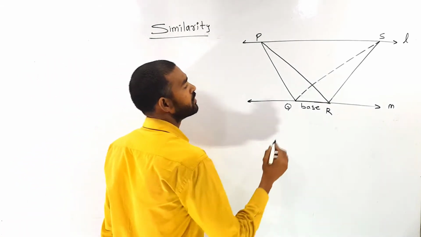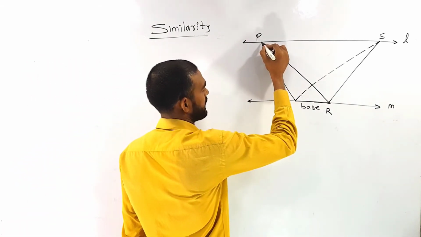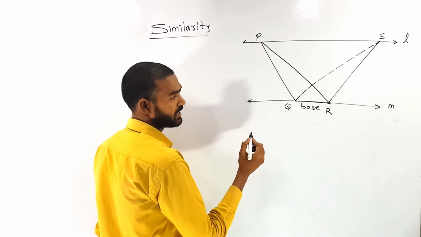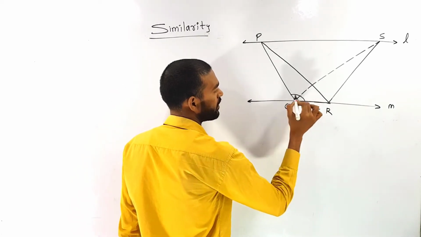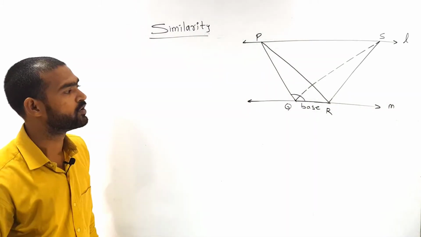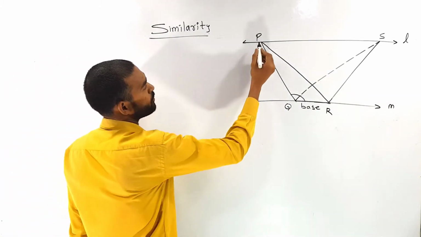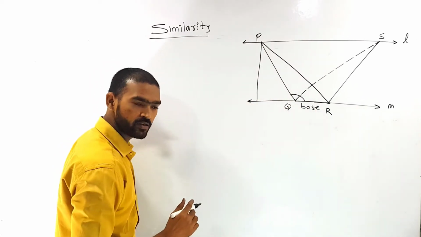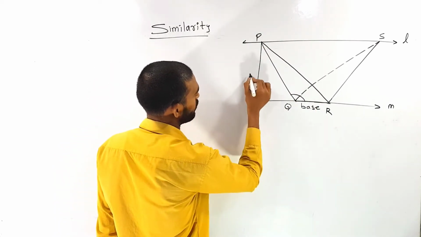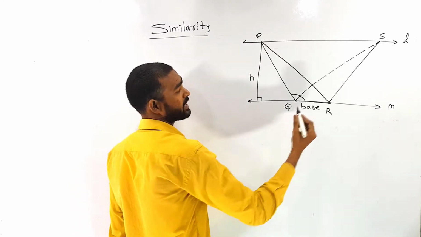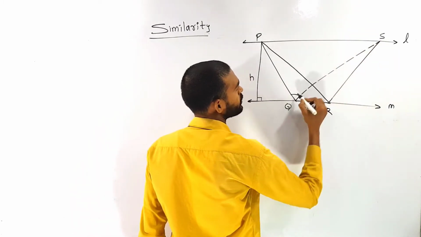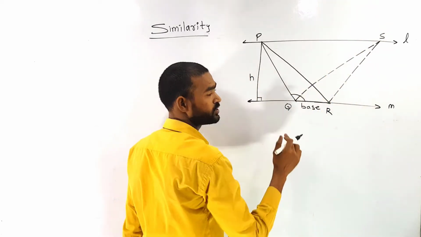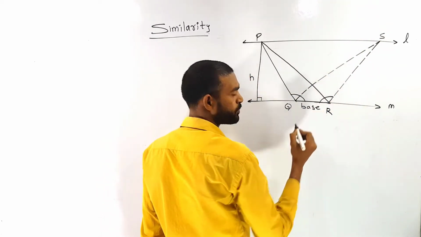But what about their height? First triangle, PQR. This triangle is an obtuse triangle. So as we know, every obtuse triangle has its height outside the triangle. Let's say this is the height of the first triangle. Another triangle, SRQ, is also an obtuse triangle.